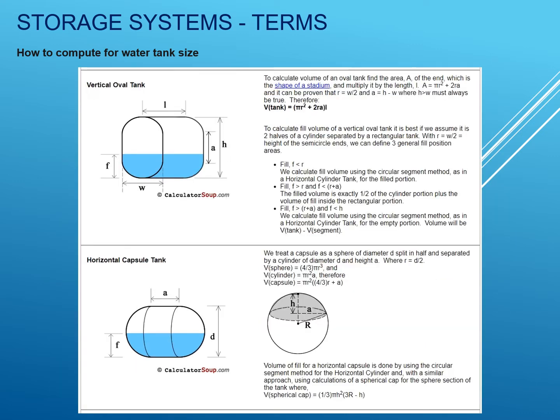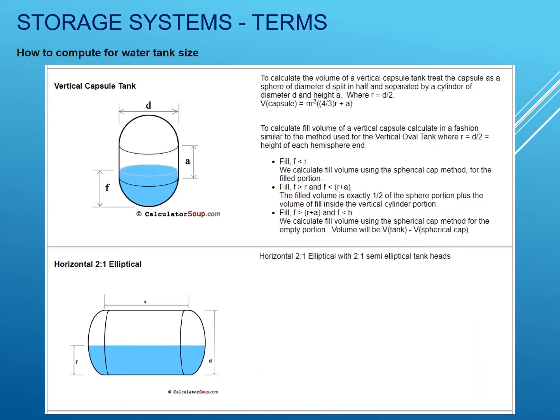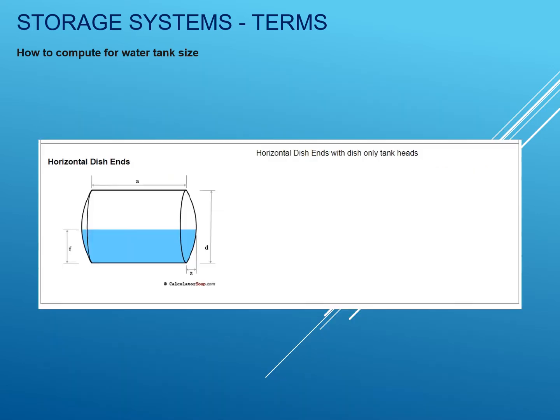This one here shows the vertical oval tank. And down below is the horizontal capsule tank. This one shows the vertical capsule tank and the horizontal 2:1 elliptical tank. And the last one is the horizontal dish ends.